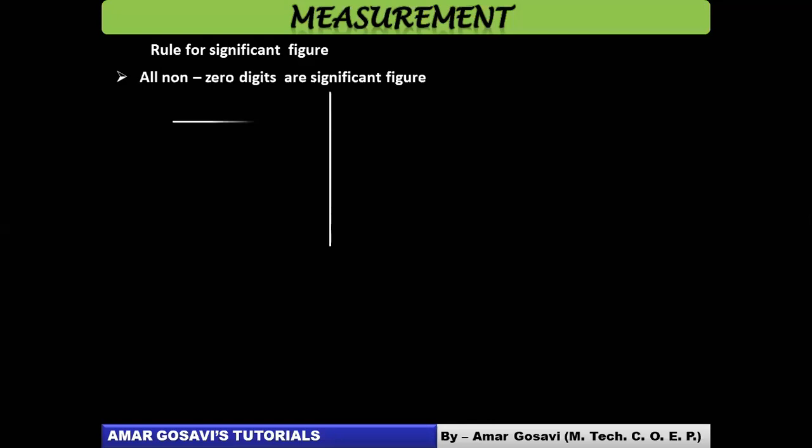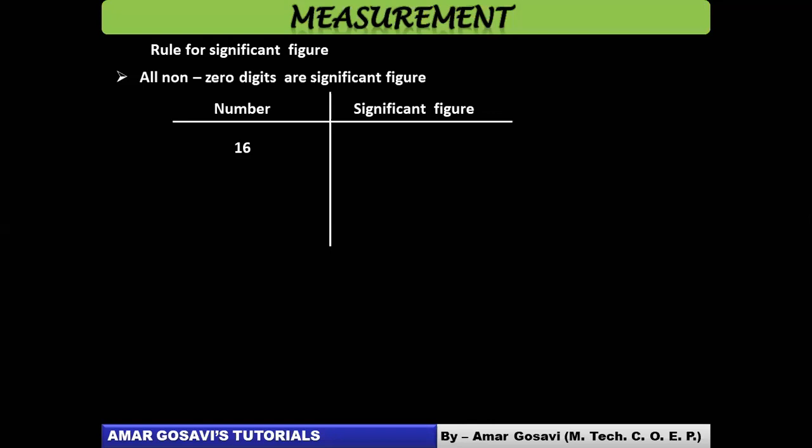Here I'm taking a number and we are working out the significant figures. Say the number is 16. You have two digits over here and they are non-zero. One digit is 1, the other is 6. So how many significant figures would it involve? 2.